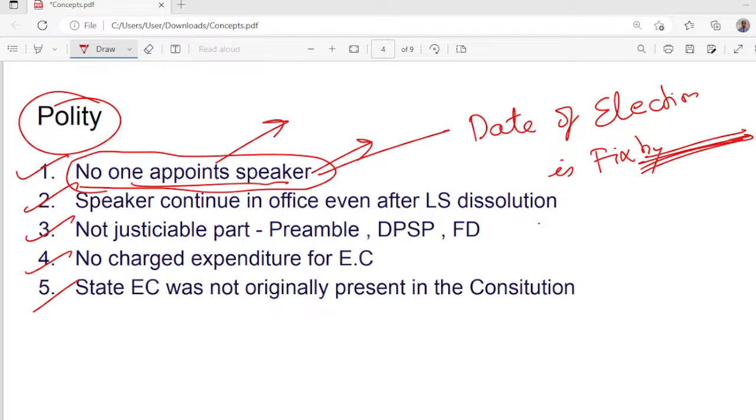But nobody is appointing; there is nothing called appointment. For example, the Prime Minister is appointed by the President, but the Speaker is not appointed by anybody.